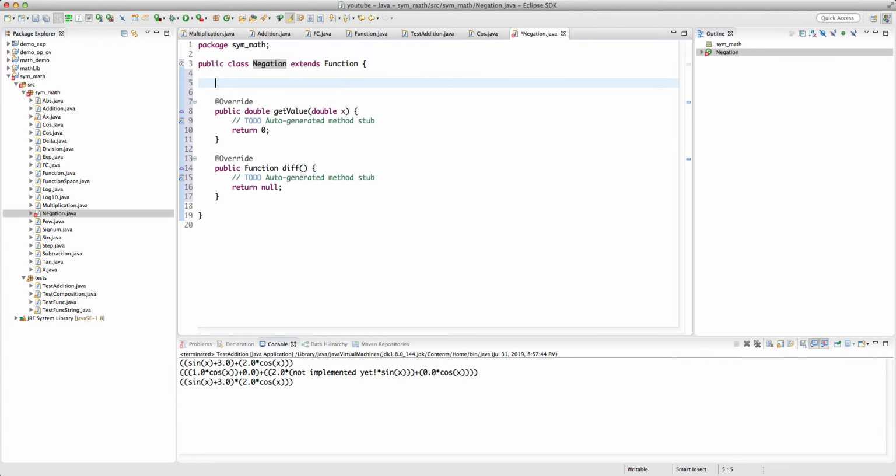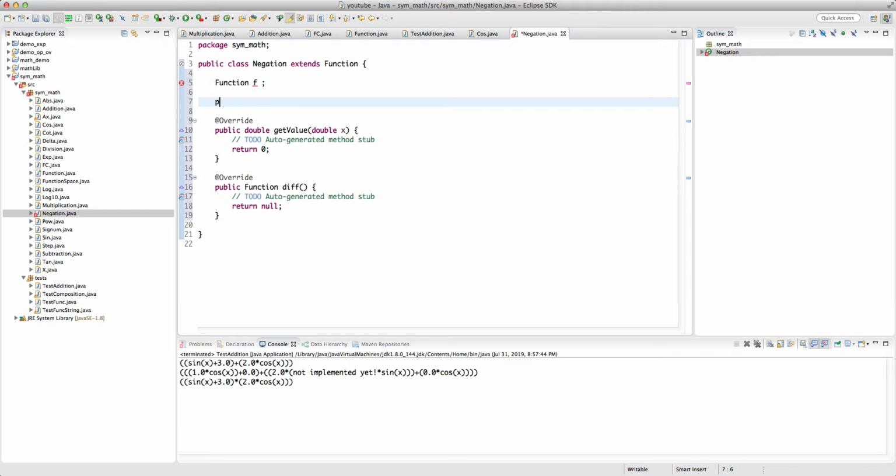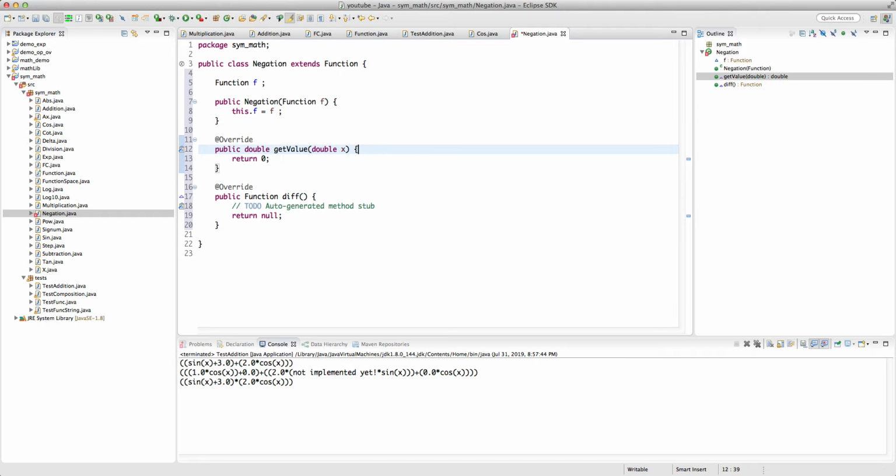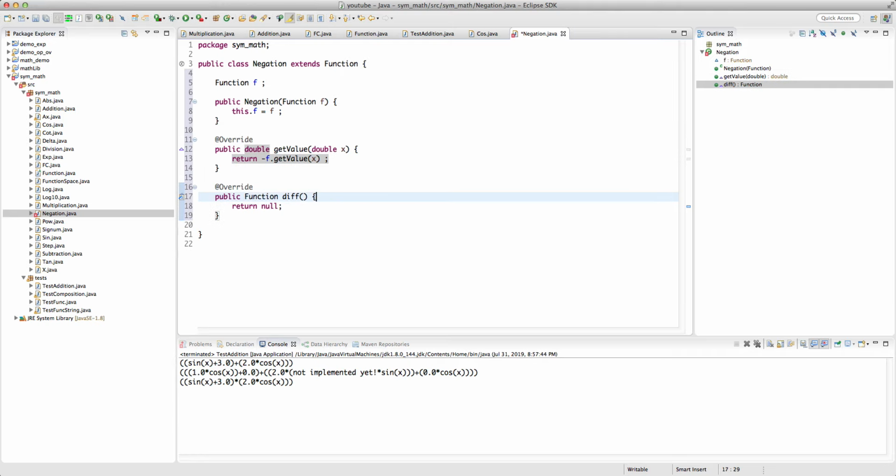and then basically function f, and then public negation, it takes a function f, this dot f equals f, and then get value just negative f dot get value, okay, and diff negative f dot diff, okay.